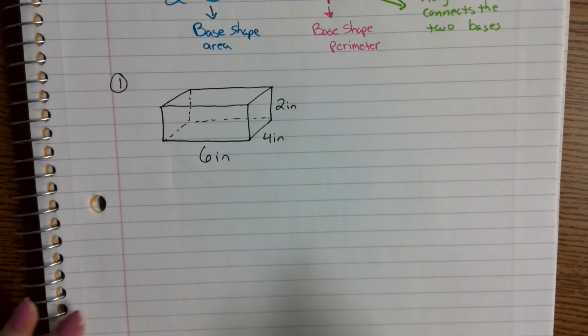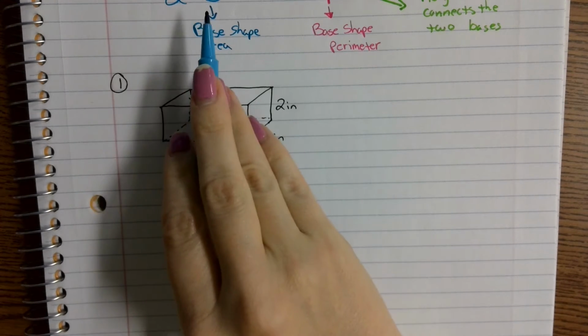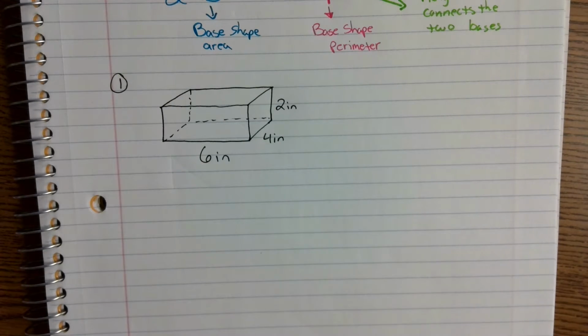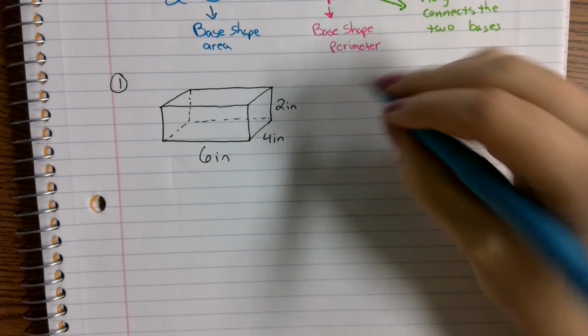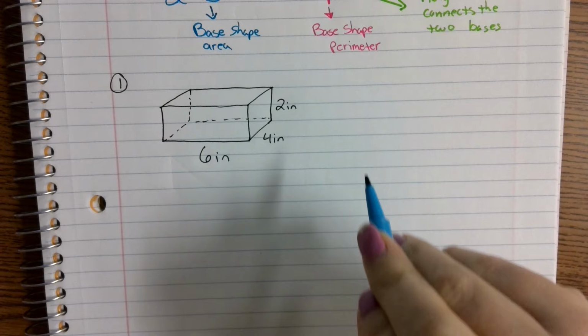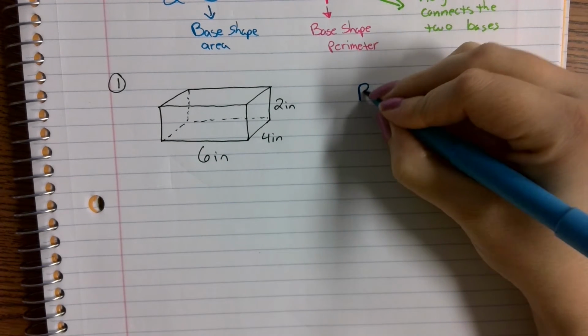Like I've said before, the formula is 2 times uppercase B plus uppercase P times uppercase H. All I need to do is find each of those individual parts of the formula. So I have 3 things that I need to fill in.